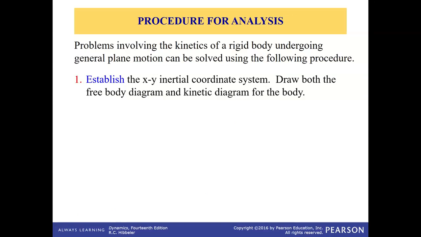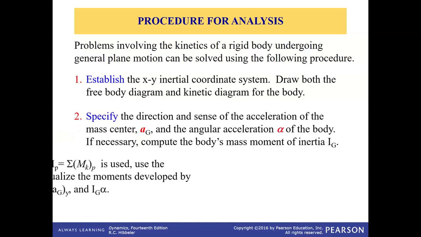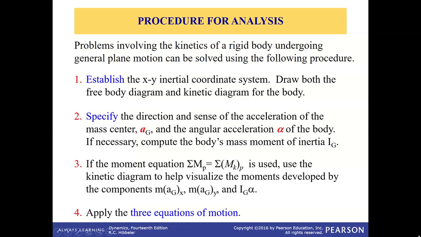So the general procedure for analysis of a rigid body undergoing general plane motion is given on this slide. The steps are: you first establish the XY inertial coordinate system, draw the free body diagram and kinetic diagram, then specify the direction and sense of acceleration for the center of mass AG and angular acceleration alpha.